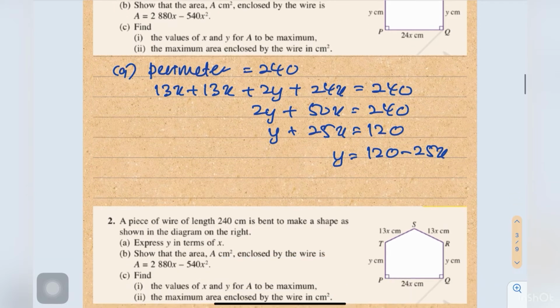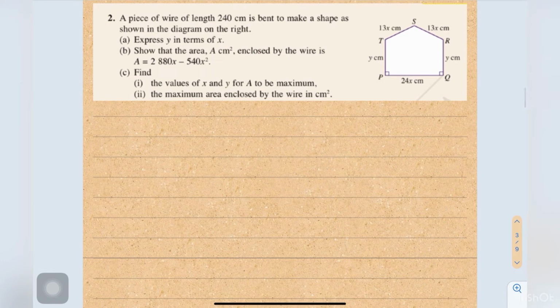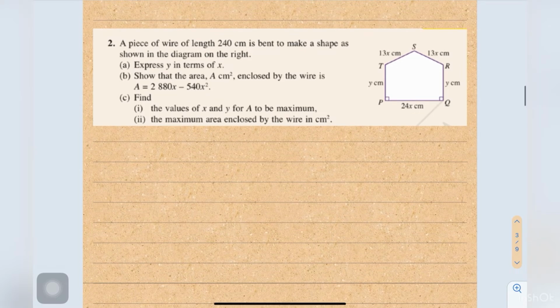For the next question, show that the area enclosed by the wire is given by A equals 2880x minus 540x squared. Now we have to find the area. To find the area, you have to construct, let's say here, a horizontal line.